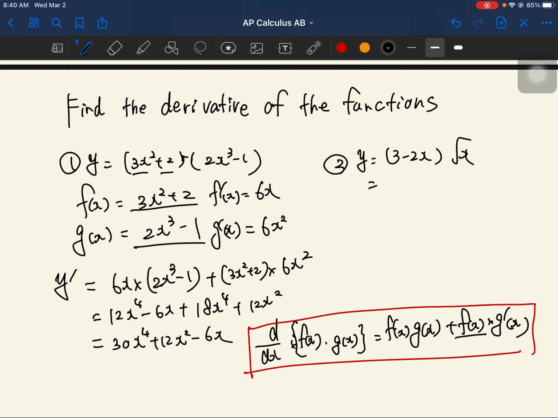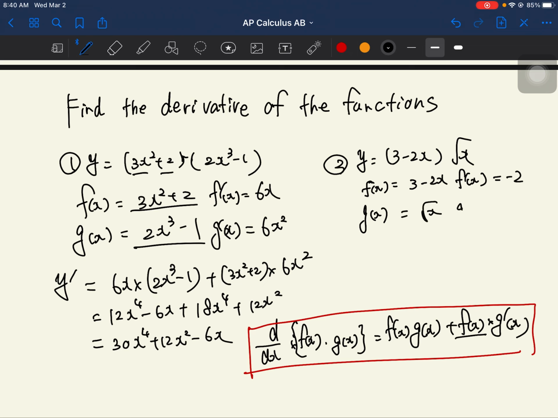So it's up to you which way you use. But in this case, let me use the product rule first. f of x is 3 negative 2x, and f prime of x is negative 2, and g of x is square root of x, and g prime of x is 1 over 2 times x to the power of negative 1 over 2.